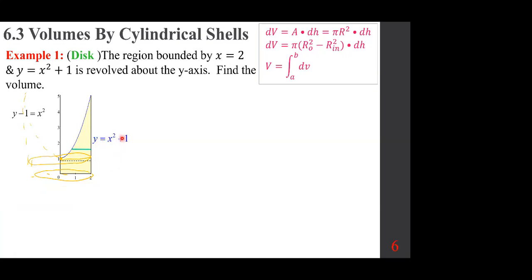You take the 1 to the other side and it becomes y minus 1, and x becomes the square root of y minus 1. So we're going to split this into two parts.